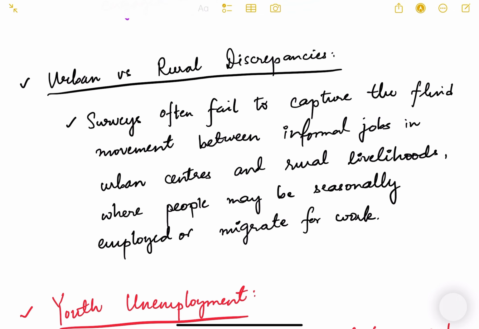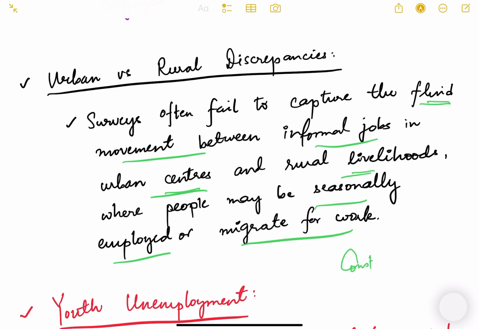Surveys often fail to capture the movement between informal jobs. There is a very fluid movement between informal jobs in urban centers and rural livelihoods, where people may be seasonally employed or migrate for work. Maybe in urban centers when there is construction work going on, people from rural areas are taken to the urban areas to work there.